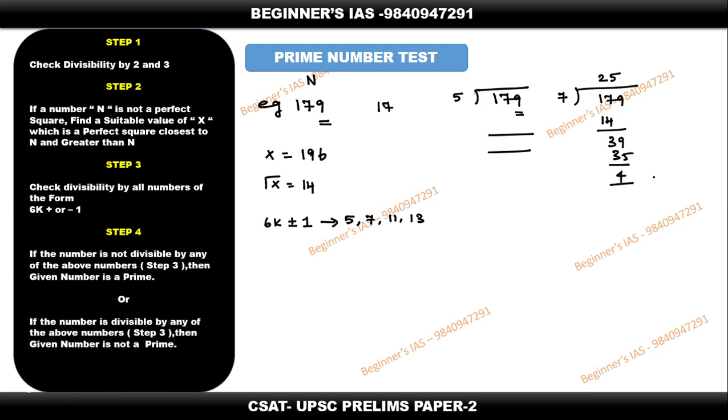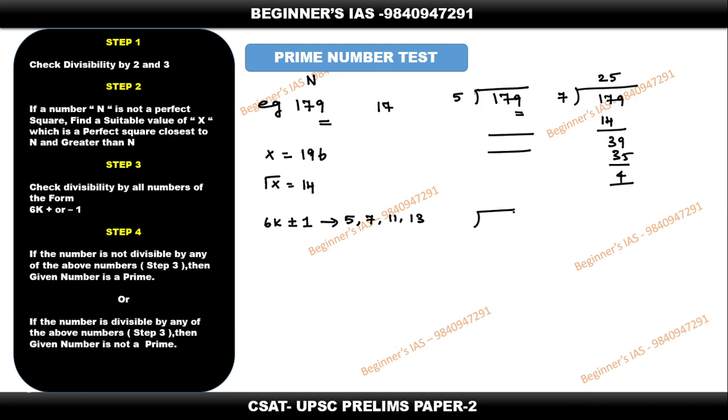What do you mean by completely divisible? If a number is divisible completely by some other number, it has to give a remainder of 0. But here it leaves 4 as a result. Therefore, 179 is not completely divisible by 7.